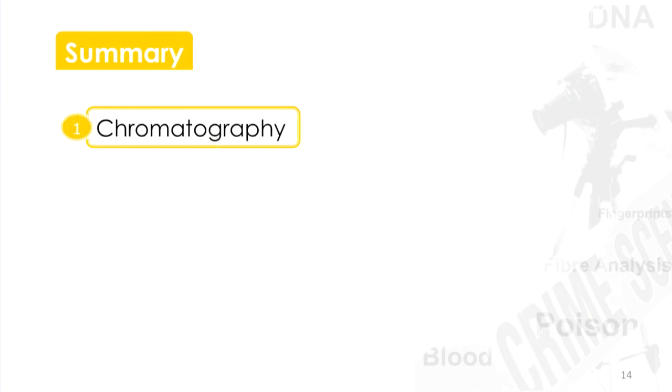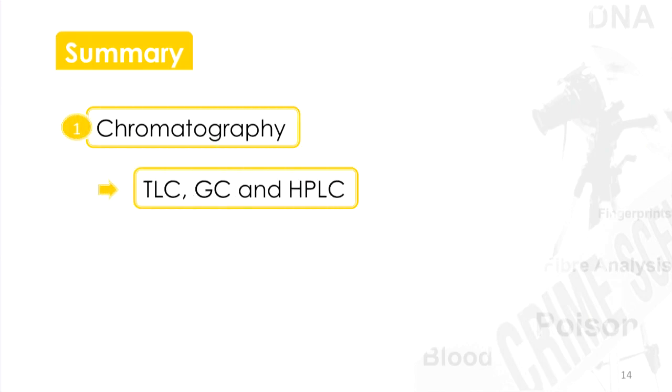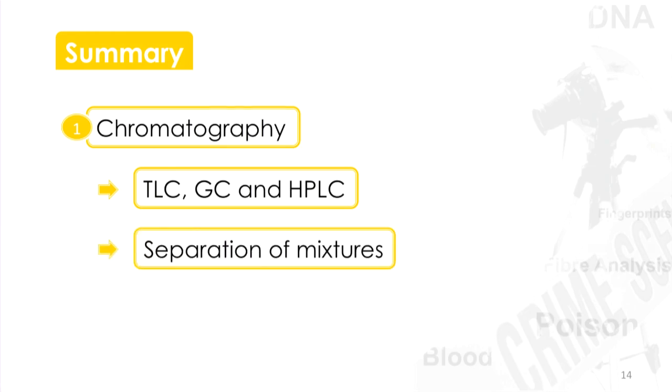So we have a number of techniques for chromatography, particularly TLC, GC, and HPLC. Each one has their own particular advantages and disadvantages. But each one is simply there to separate a complex mixture into the individual components. Once we have the components, then we have two very powerful techniques for identification.